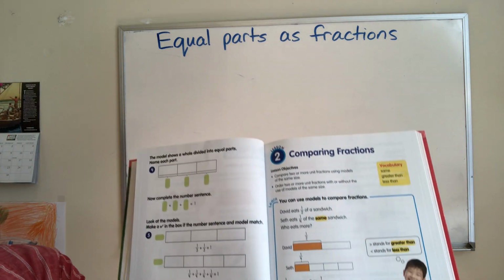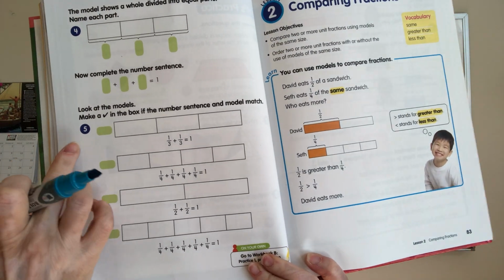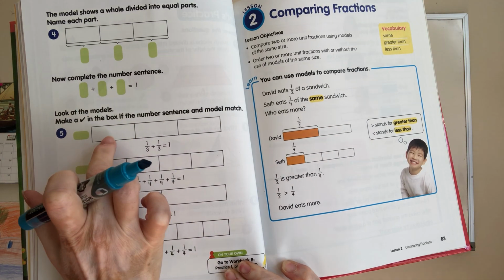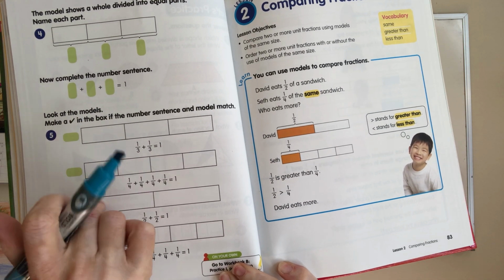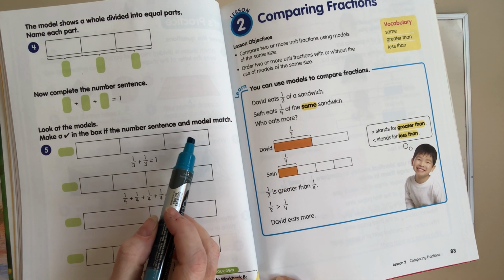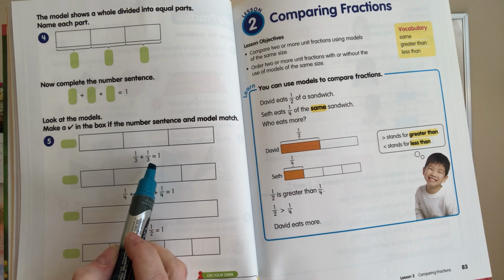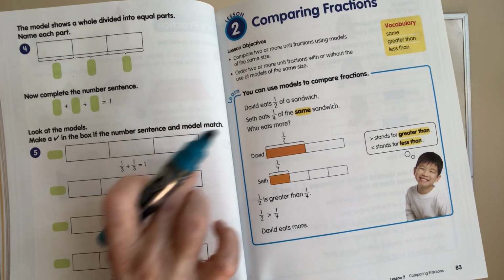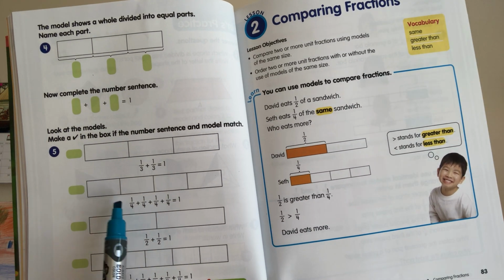The first one, we have number 5 here. We have 3 parts, each is 1/3. So we should have 1/3 plus 1/3 plus 1/3 equals 1. Is that what we have here? No, we only have 1/3 plus 1/3, so this is not correct. They don't match.